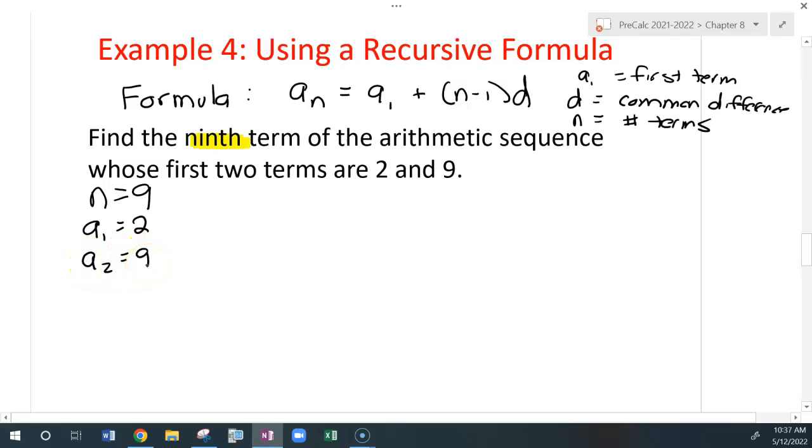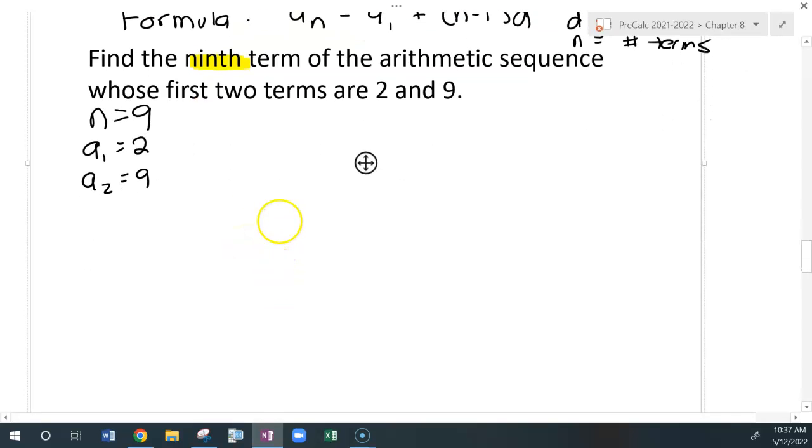Now to get the common difference, since it's going to be the same, all I have to do is subtract 9 minus 2. So my common difference, or d, is a sub 2 minus a sub 1 equals 9 minus 2. That equals 7.